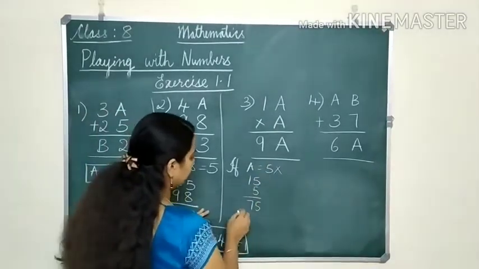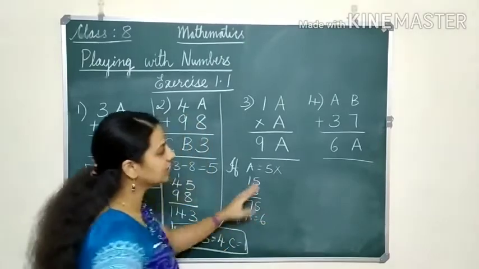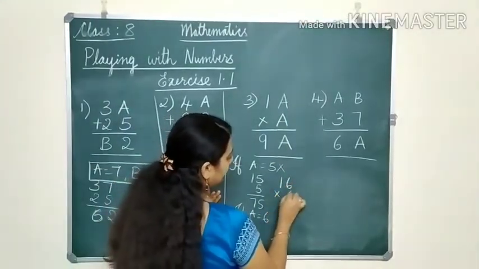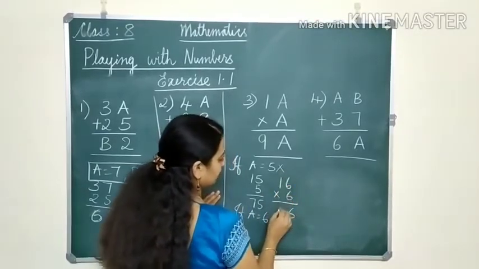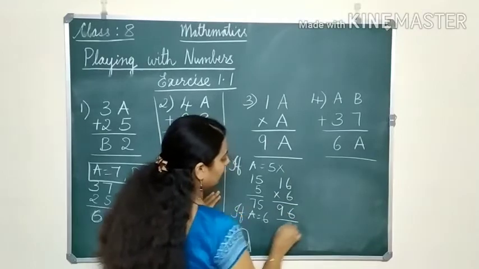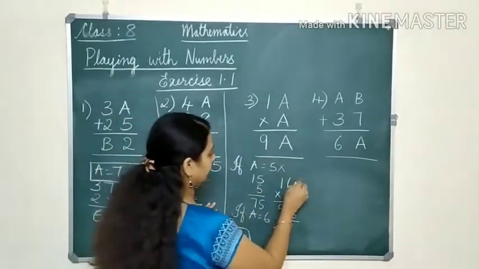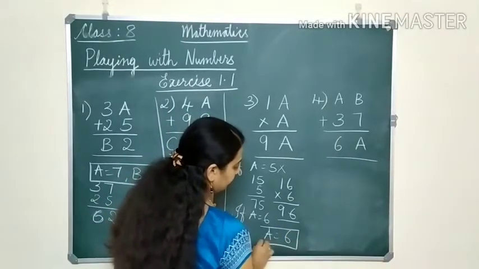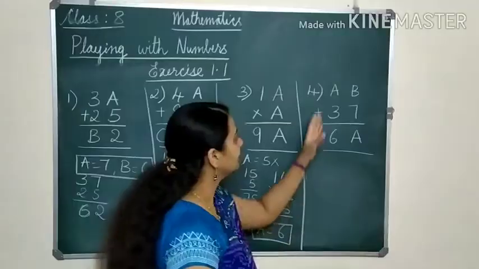Now we will consider A as 6. If you consider A as 6, that is 16 into 6. 6 6s are 36. 6 1s are 6 plus 3 is 9. Now this is matching with your answer. So the value of A has to be 6. Understood?